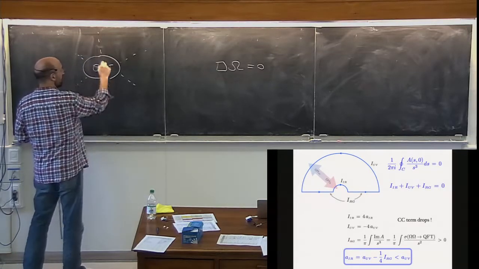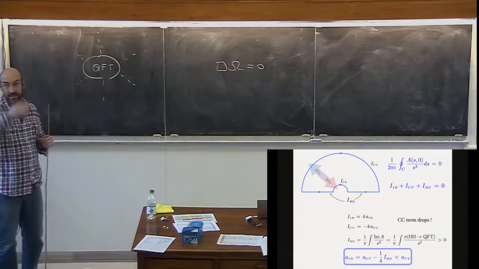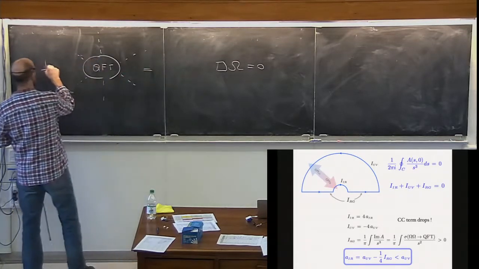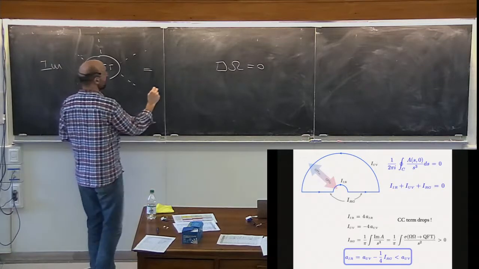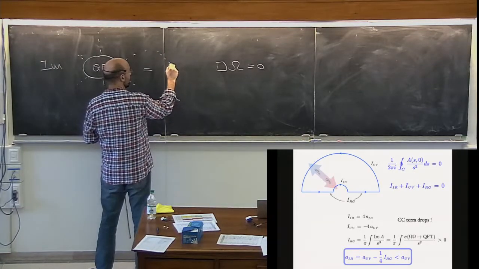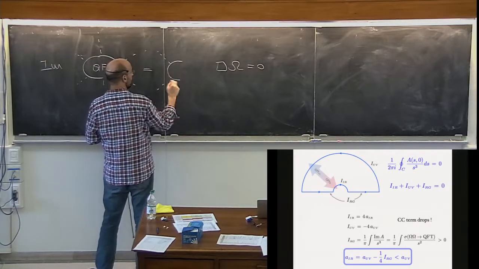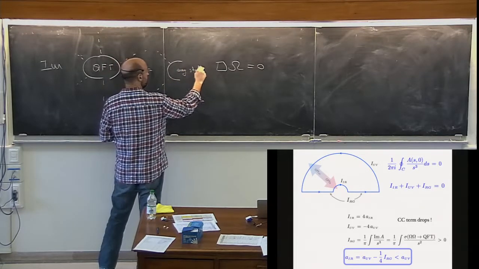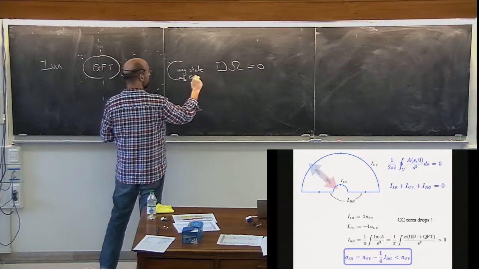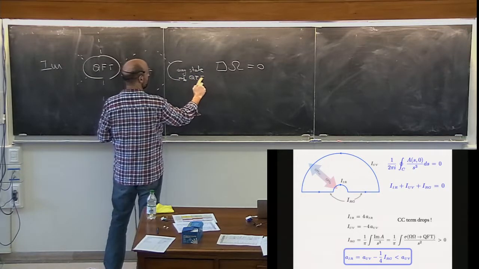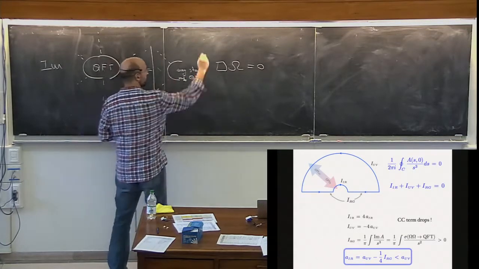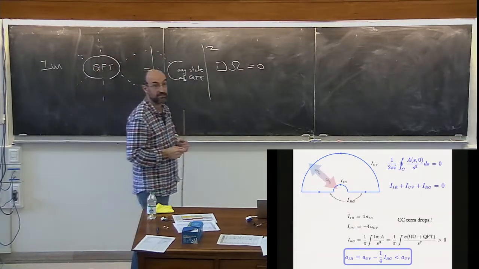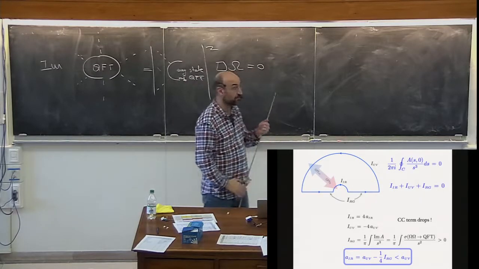The imaginary part of the forward scattering amplitude is the cut of this diagram, and by the optical theorem, the imaginary part of this is equal to this diagram: 2 dilatons that go to any state of the QFT, squared. So this quantity, up to kinematical factors, is just the cross section for absorption, the thing I wrote here.